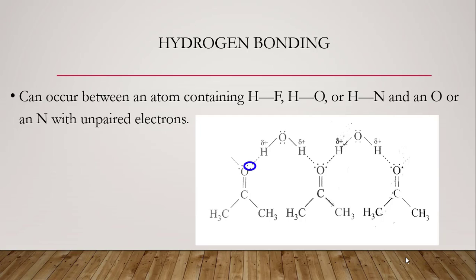The oxygen has unpaired electrons. The water has the capability of forming hydrogen bonds. And as you can see, the partial charge on the hydrogen is approaching the unpaired electrons on the oxygen, and that's a stronger intermolecular force than just a dipole-dipole. And you can see these bonds here, here, here, and here.